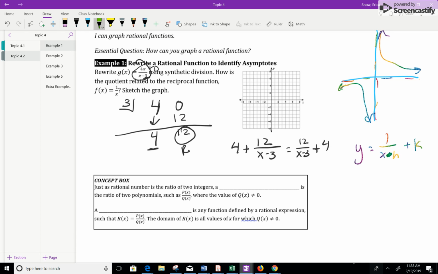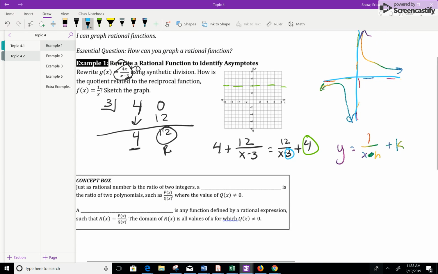So now this is our shift up for our horizontal asymptote up here at 4. And that 3 is still our shift over to 3 for our vertical asymptote.